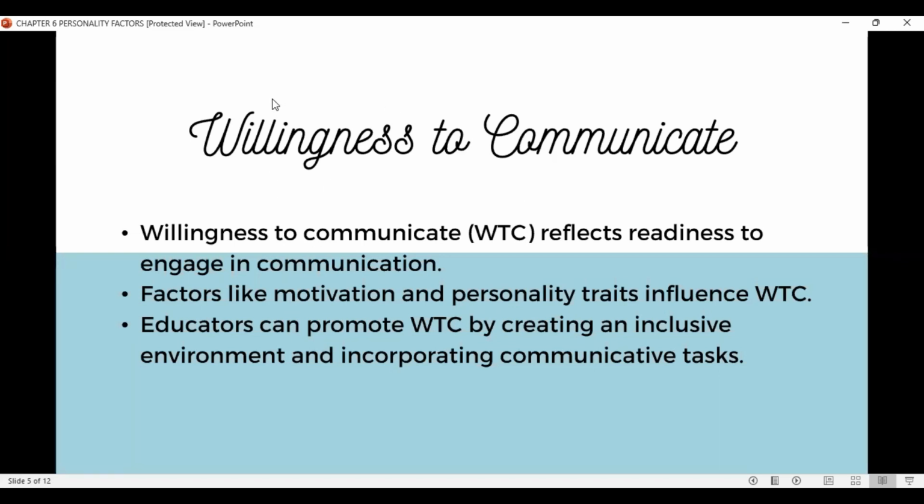Creating an inclusive environment where students feel comfortable expressing themselves and taking language risks is essential for fostering WTC. Teachers can promote WTC by incorporating communicative tasks, collaborative projects, and opportunities for meaningful interactions in the classroom. Next slide.